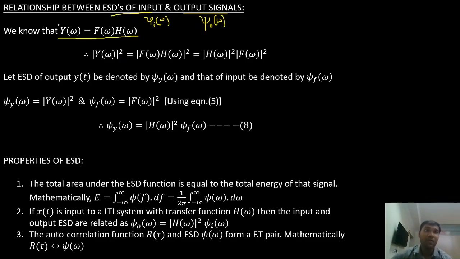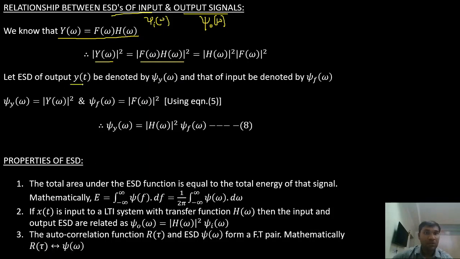In Fourier domain, y of omega equals f into h. So if I take the magnitude of y of omega, what is it going to be? Mod of f of omega into h of omega whole square, that is equal to mod of f of omega whole square into mod of h of omega whole square. Now, okay, forget this notation for now.